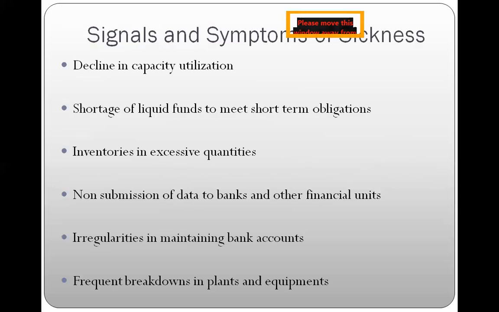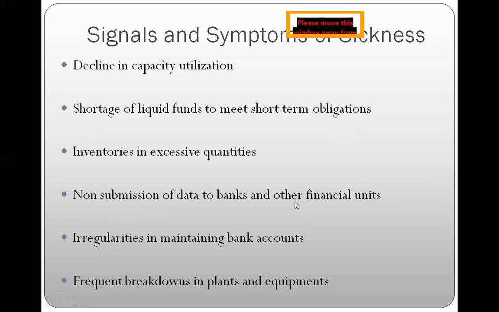Now, what are the symptoms and the signals of sickness? Decline in capacity utilization, shortage of liquid funds to meet short-term obligations, inventory in excessive quantities, non-submission of data to the banks or other financial institutions.